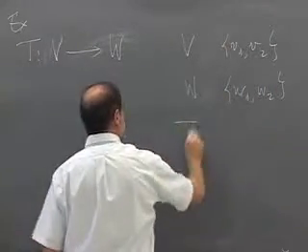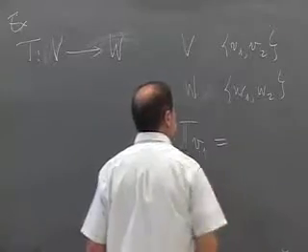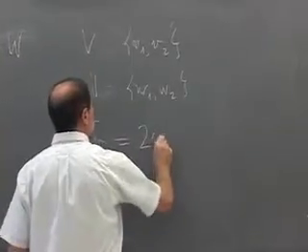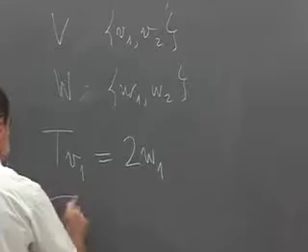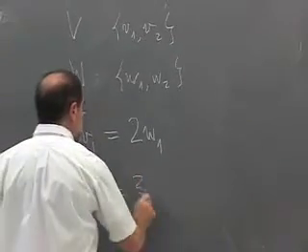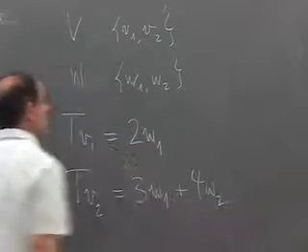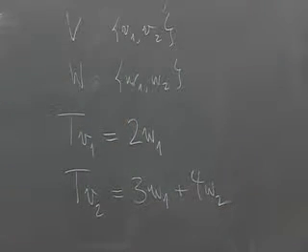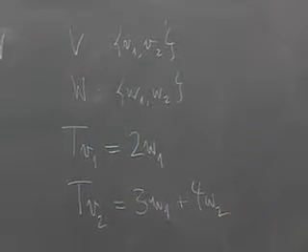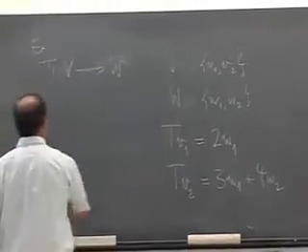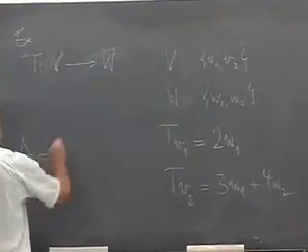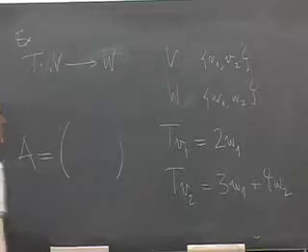Suppose that T of v1 is 2w1 and T of v2 is 3w1 plus 4w2. That could be an example of a linear operator in terms of the basis. Then the matrix I would get would be the following 2 by 2 matrix.